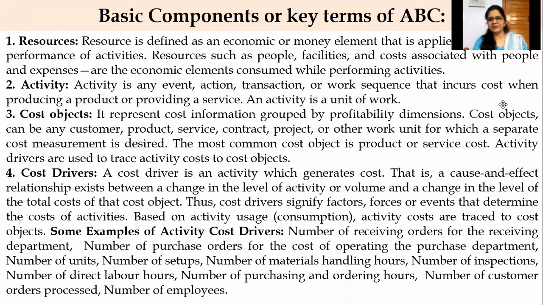Resources such as people, facilities, and costs associated with people and expenses are the economic elements consumed while performing activities. So, while performing any activity, these are the resources. It is defined as an economic or money element.